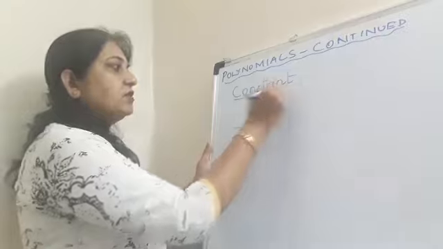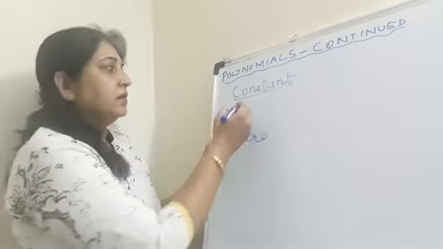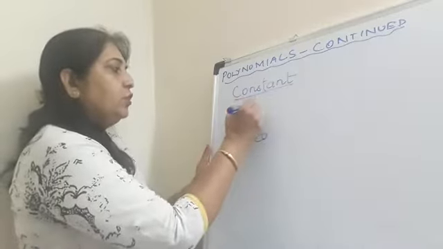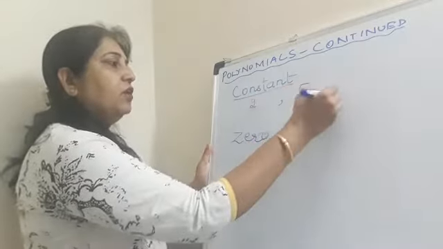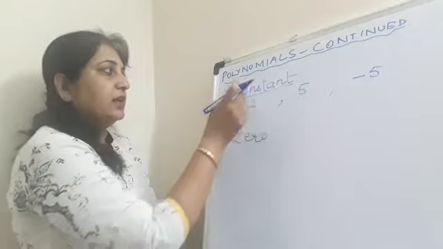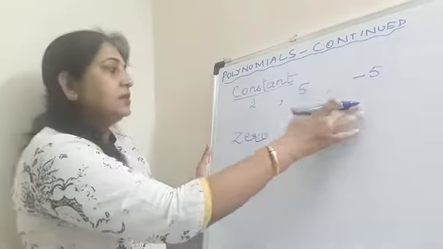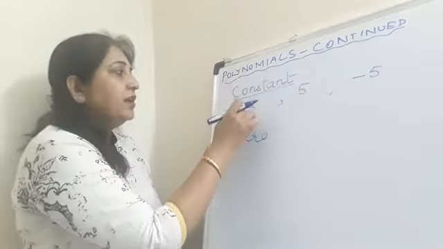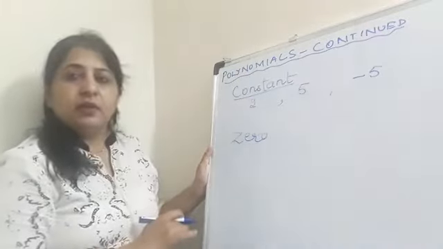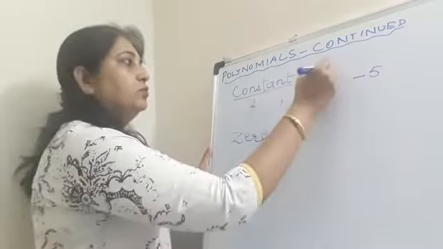We now have a constant polynomial. Suppose I write a polynomial 2, right? Or if I write a polynomial 5, or if I write minus 5, these are all constants and these are all polynomials. Now the degree of the constant polynomial is 0.